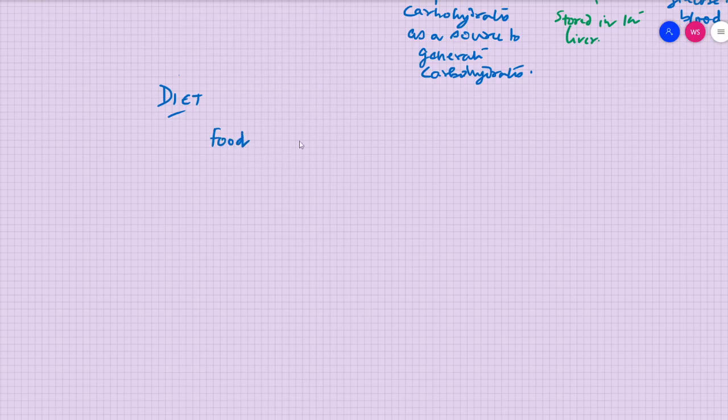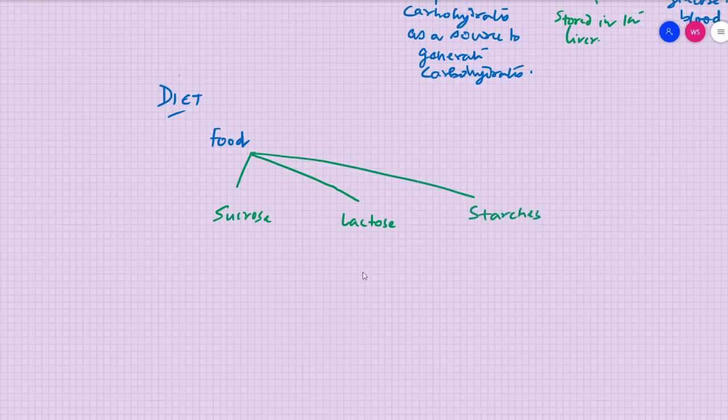Okay, and the food. So in the food, what is the source? The most common source is sucrose and lactose and starches. Okay?